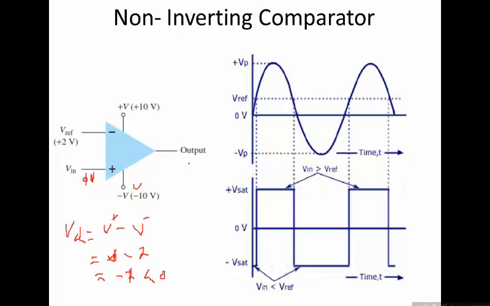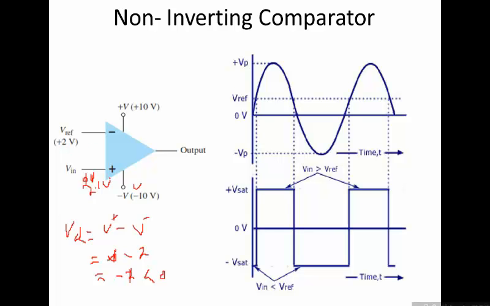So the output would stay at a negative level. When would this output go to a positive level? That is what we are now looking at. As Vin is increased and reaches the level of 2 volts, and then crosses this level and attains a value higher than 2 volts, for example 2.1 volts, then the voltage at this point will become 2.1 volts and the voltage at this point is 2 volts.